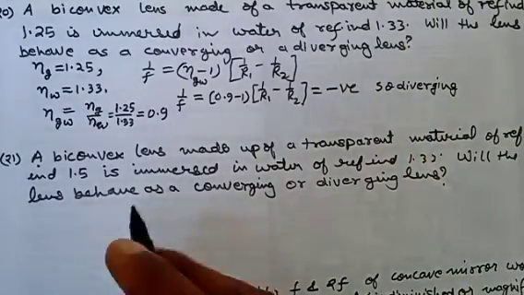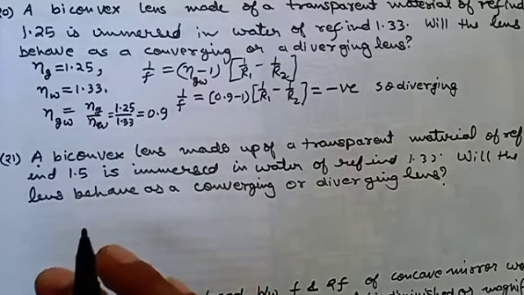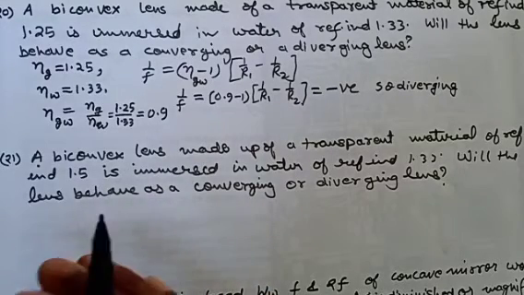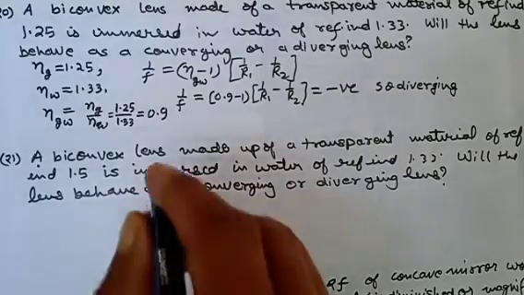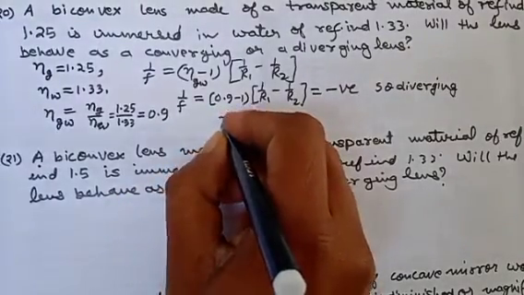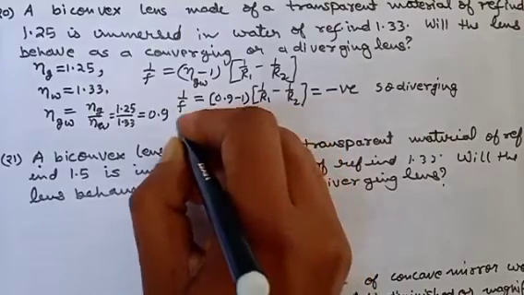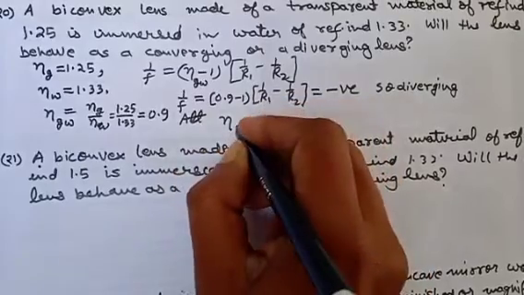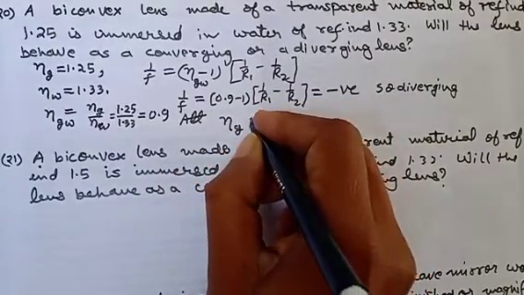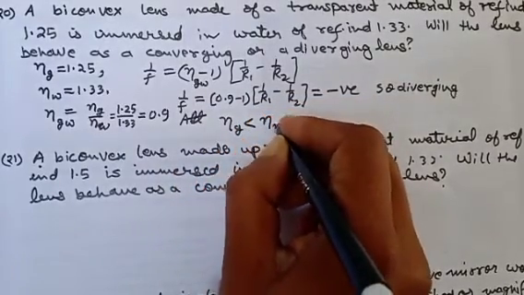We can also explain it in a different manner. This is an alternate method. The refractive index of glass is less than the refractive index of the medium.